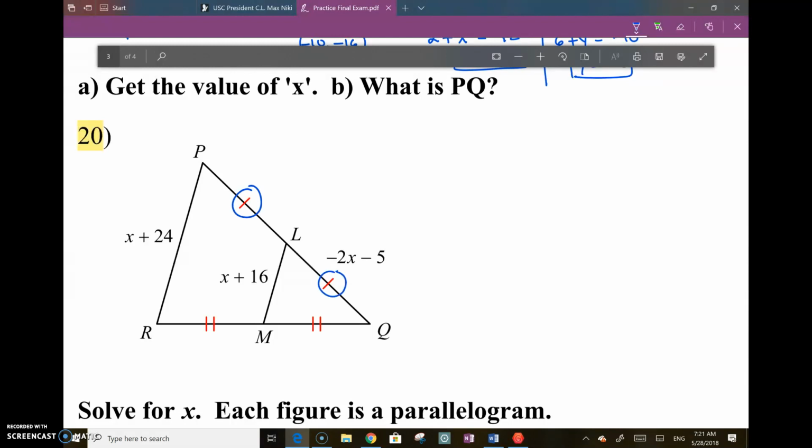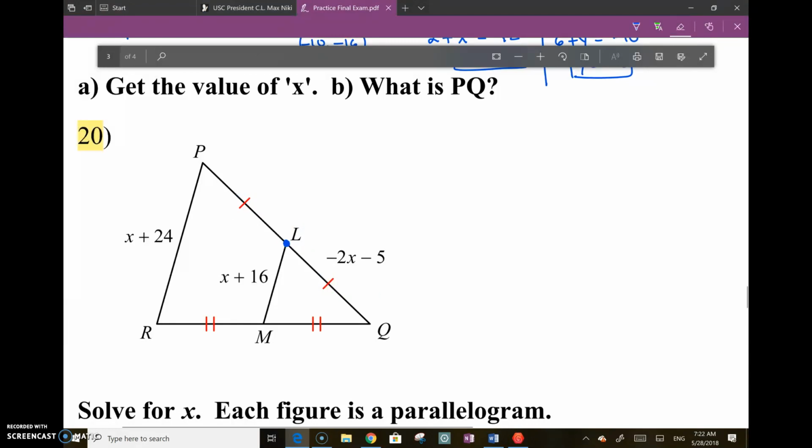These symbols indicate that this side and this side are congruent with each other, which can only mean one thing, that this point L right here must be a midpoint. It's the only way the two segments on either side would be congruent to each other.